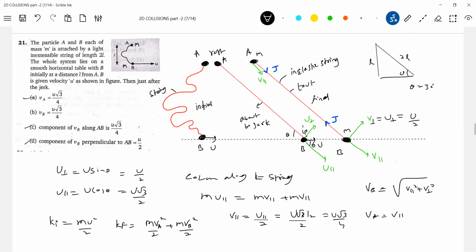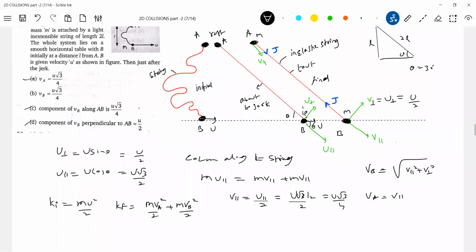Just after the jerk, whatever the decrease in kinetic energy will be converted into heat and that will be absorbed by the string. Or we can call that strain energy. In books, they call that strain energy. It is converted into an increase in strain energy of the string. We don't get sound energy, am I right? It's very rare that we get sound energy. So at most, it will be absorbed by the string in the form of heat.